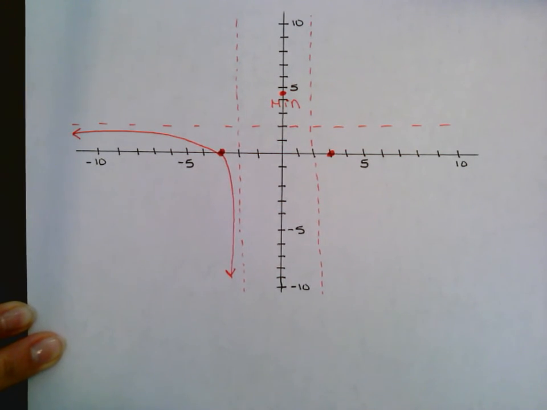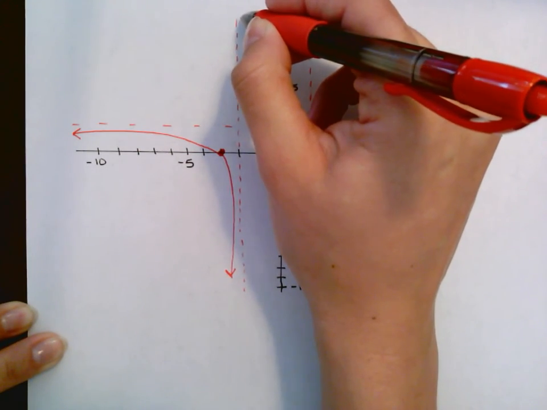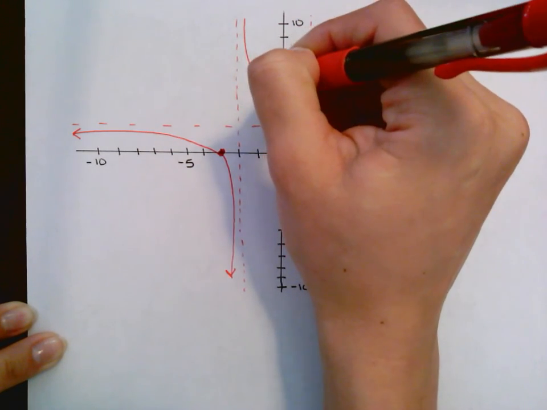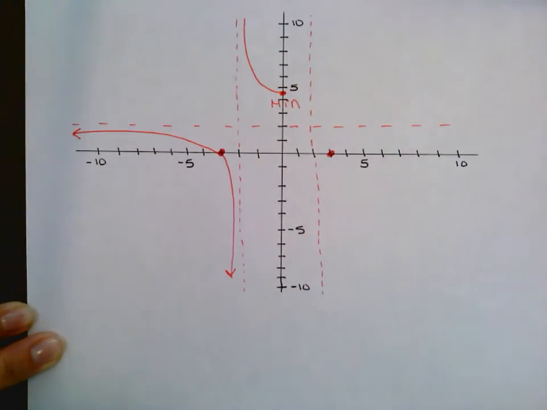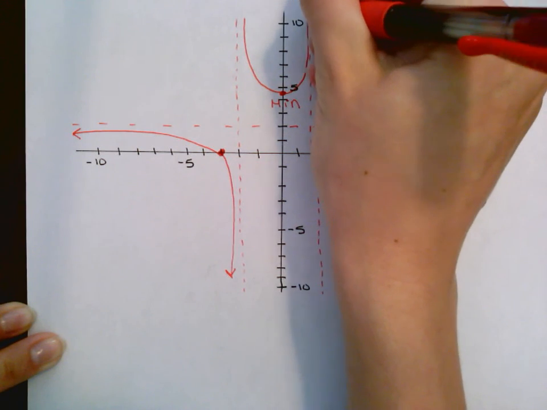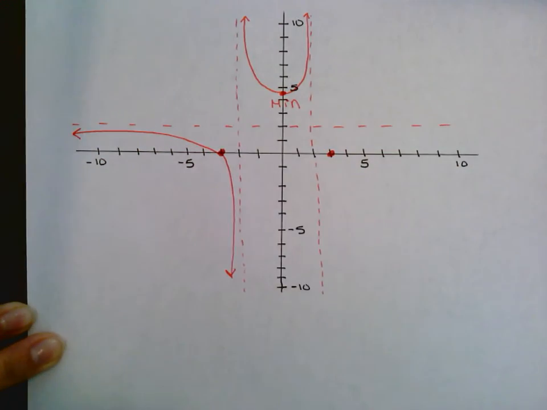Next in my drawing, after -2, I am decreasing and concave up until 0. So, and I have to hit this point. So decreasing and concave up until 0. And then after 0, I see an arrow that shows me I'm increasing and concave up, which also lets me see my min and my y-intercept, okay?